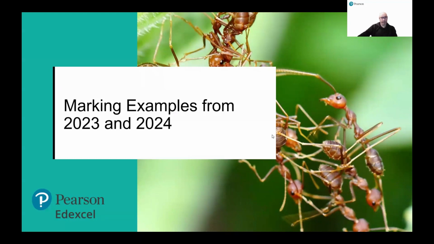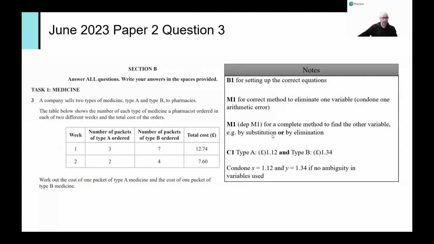So we'll start with this question from 2023. This was a question which involved setting up simultaneous equations. We've got information provided in a table, and candidates had to work out the cost of one packet of type A medication and the cost of one packet of type B medication.